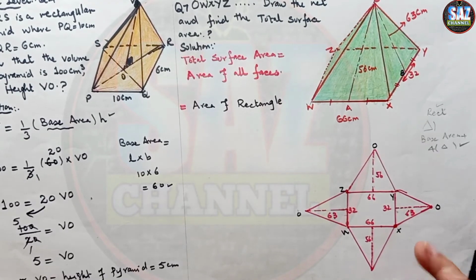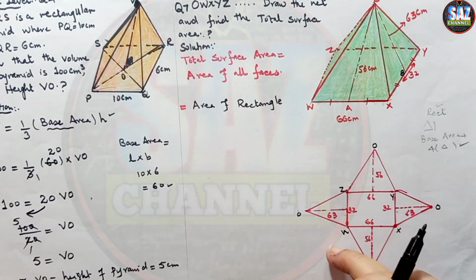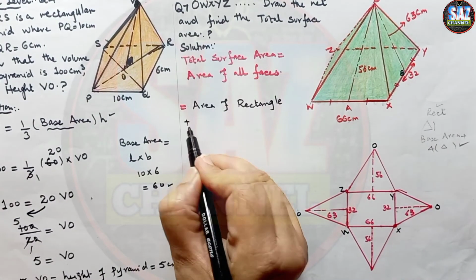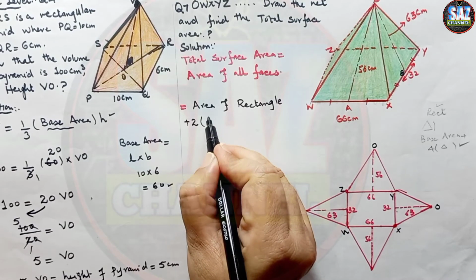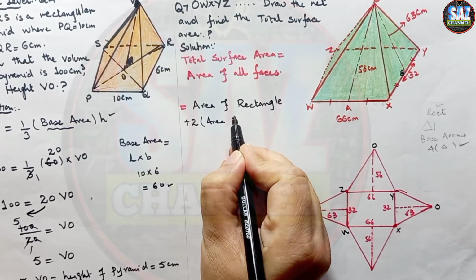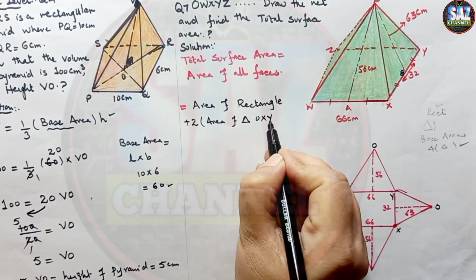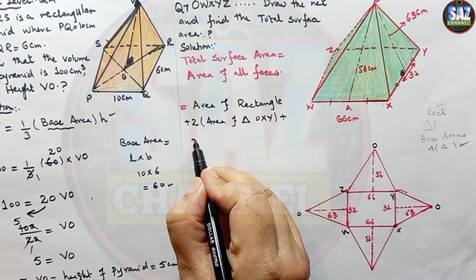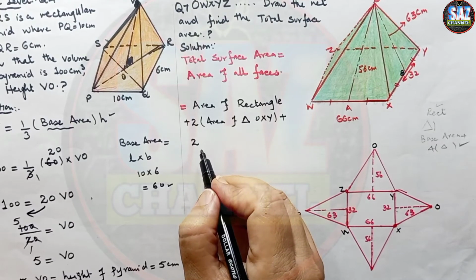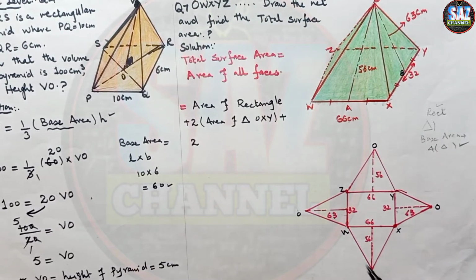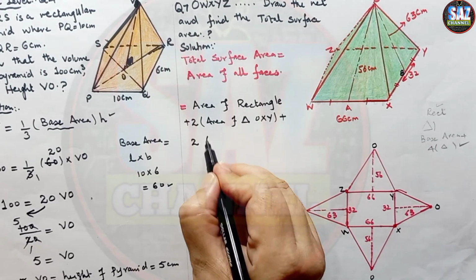Now look, triangle OYX and OZW, they are identical. So I will be writing plus 2 times area of triangle OXY plus 2 times area of triangle OZY or OWX.